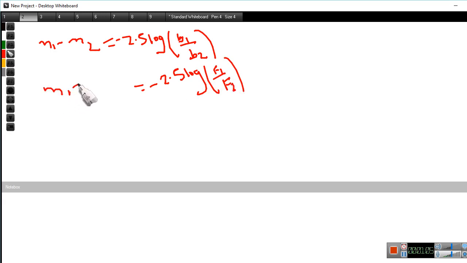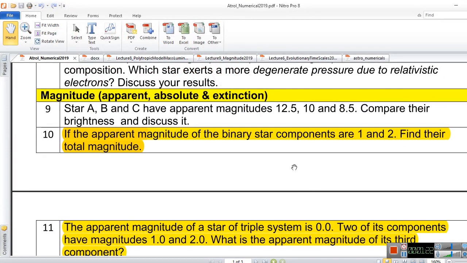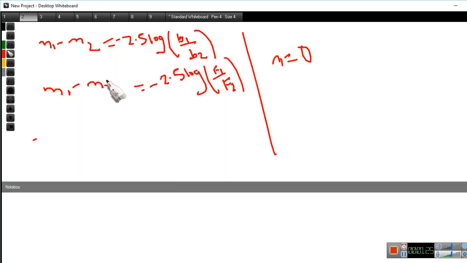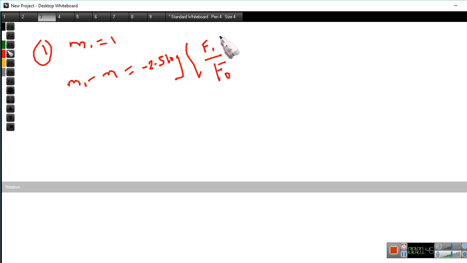In this scenario I'll take a reference star whose magnitude m is 0, and I'll solve this problem using it. For the first star, whose magnitude is 1, m1 minus m is equal to minus 2.5 log f1 by f naught.